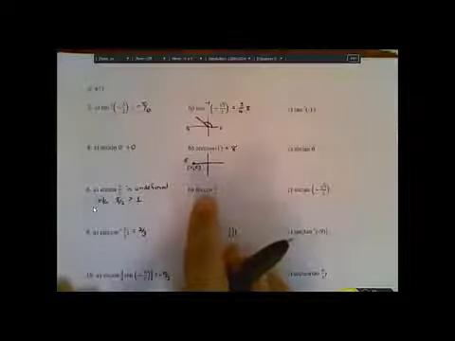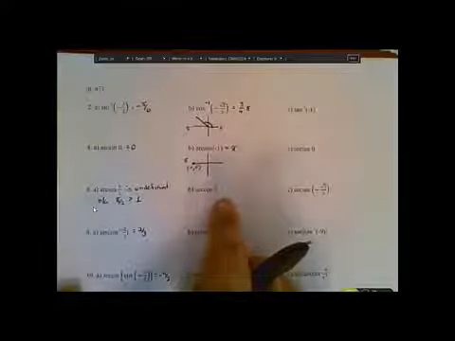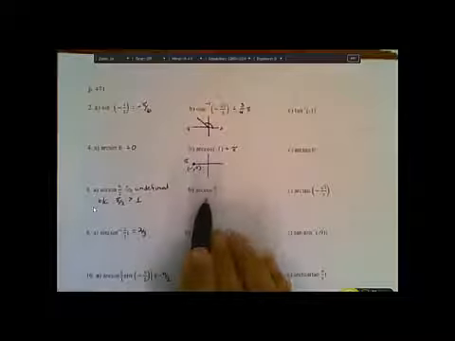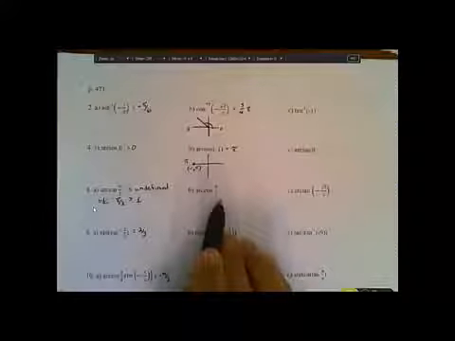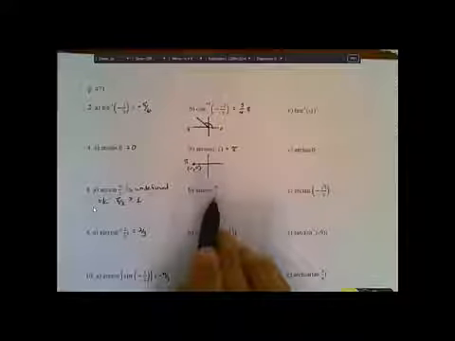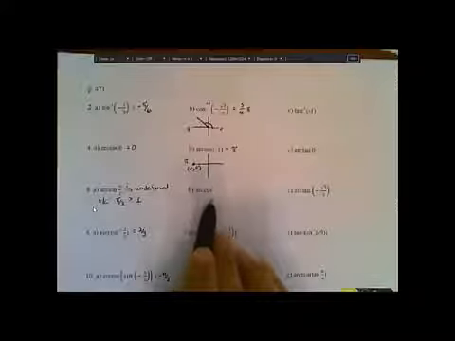Number 6, we're looking for the angle whose cosine is pi over 3. Now the most common mistake here is to just find cosine of pi over 3. Pi over 3 is 60 degrees, and I can tell you what cosine is right there. But I'm not looking for cosine of pi over 3. I'm looking for the angle whose cosine is pi over 3, the angle whose x value is pi over 3.